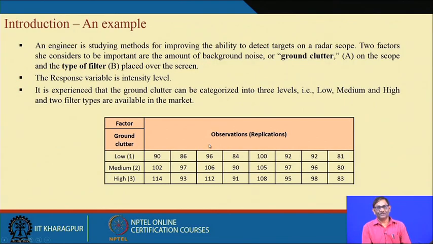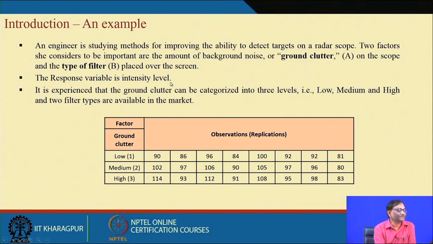So, let us start with the same example we have seen in earlier lectures. Suppose the engineer is interested in studying methods of improving the ability to detect targets on a radar scope. Two factors considered to be important are ground clutter and type of filter. The response variable is the intensity level at the time of detection.